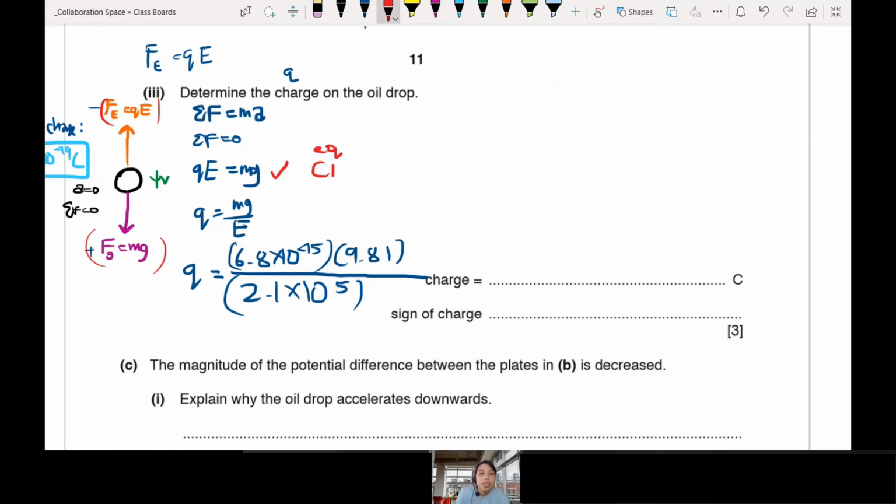Then if we find the value here, 3.1766 times 10 to the negative 19, and we write our answer, say I write 2 SF, 3.2 times 10 to the negative 19. That is 1 more mark. I accept if it is 3.18. Also okay. That is the 3 SF, this is the 2 SF.